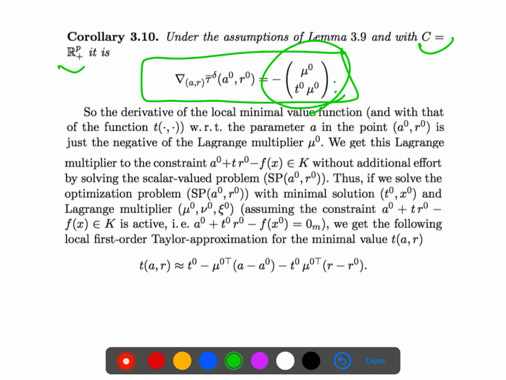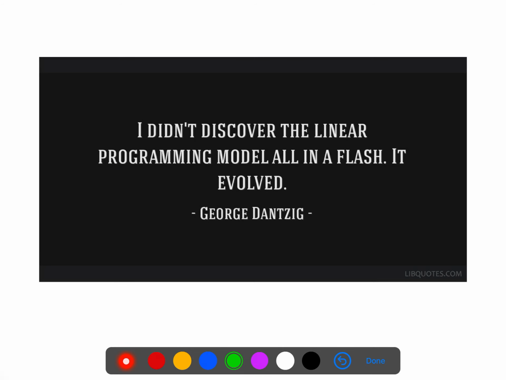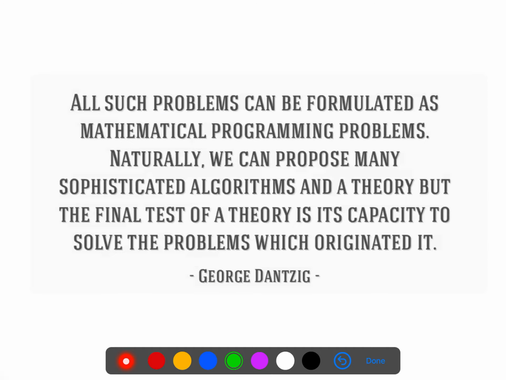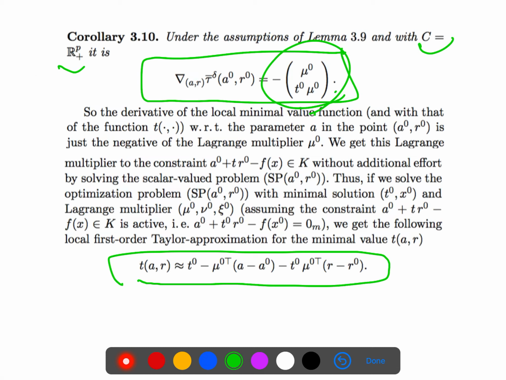And for the first order approximation of your value function, we can use the first order Taylor approximation like this. And I will explain in the next lecture how we are trying to relate the t and f such that we find equidistance on the objective space.